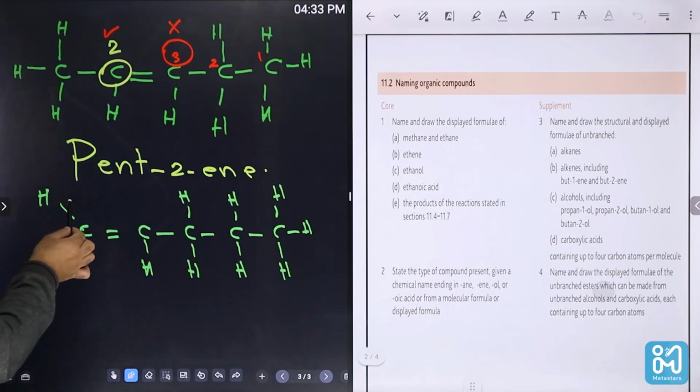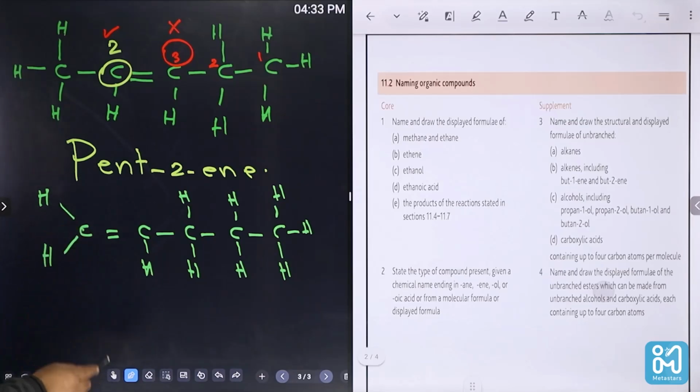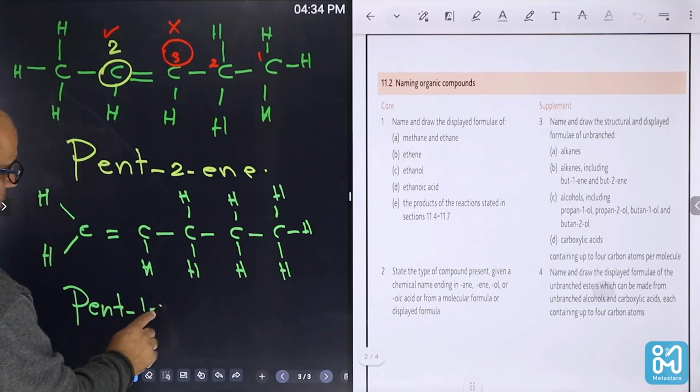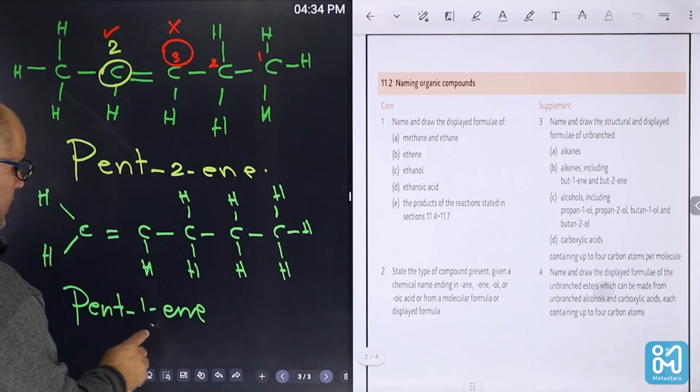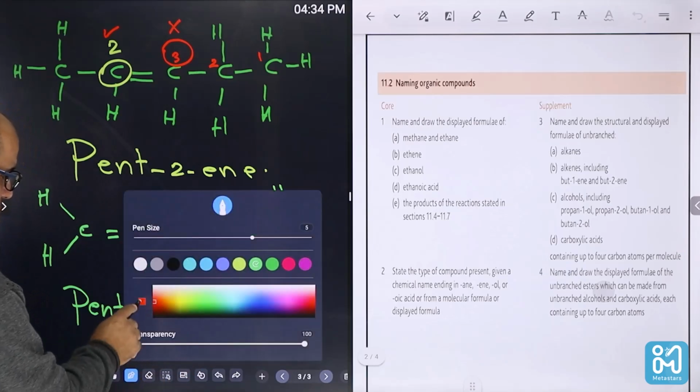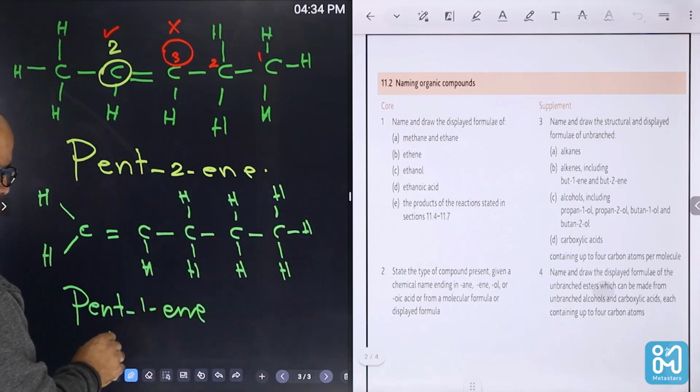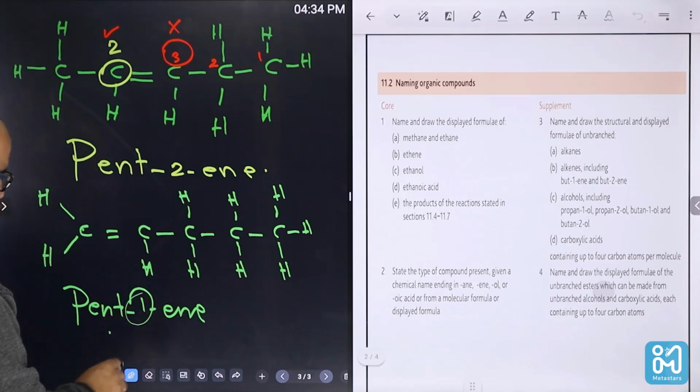Now for this, it is the first, and here we have pent-1-ene. Like that, we identified the position. This is the position of the double bond.